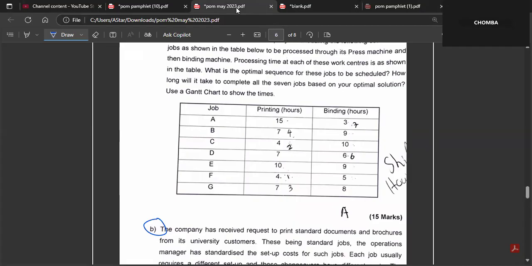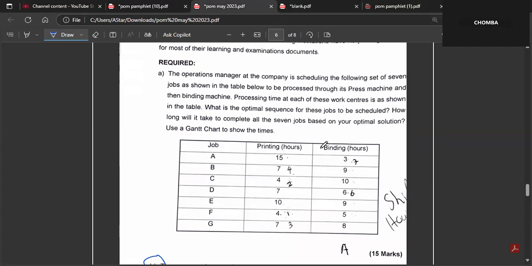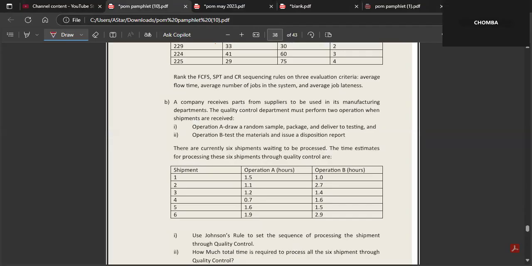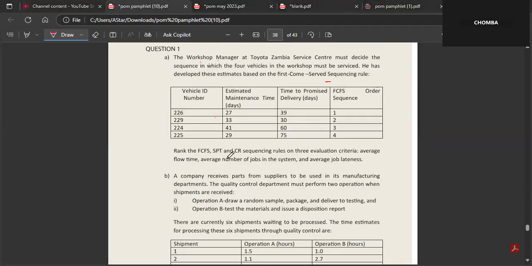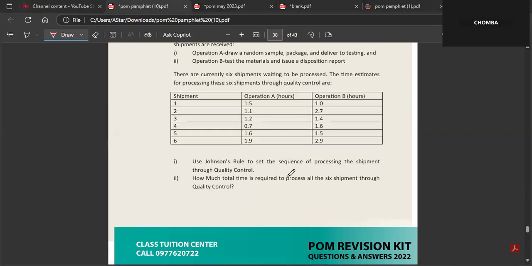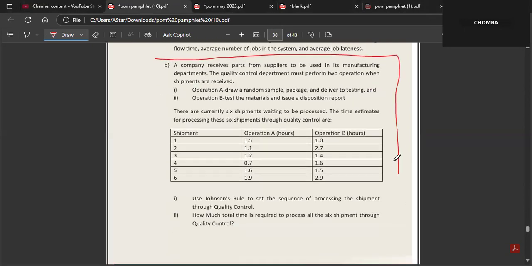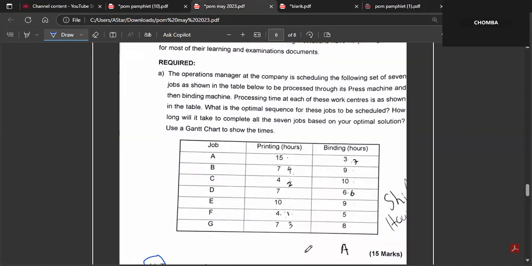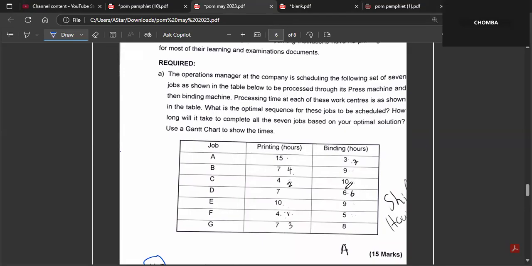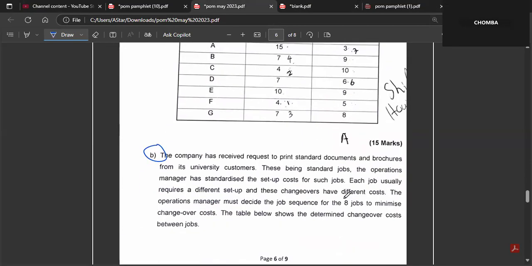So there's this question in the pamphlet. Question A was the sequencing rule. Question B was using Johnson's rule. Have you seen this question here? If you try this one, the one that came in this exam paper, it is for 15 marks.